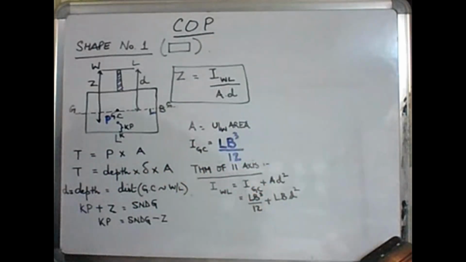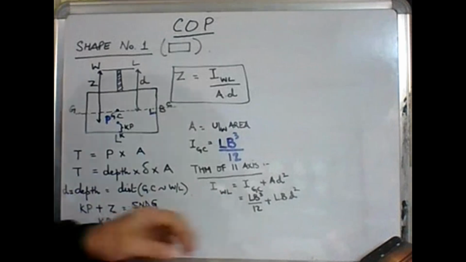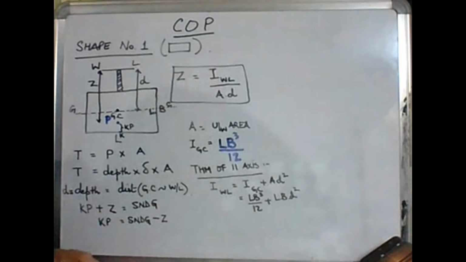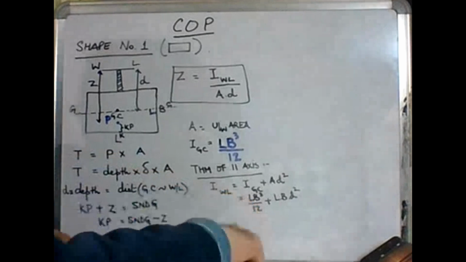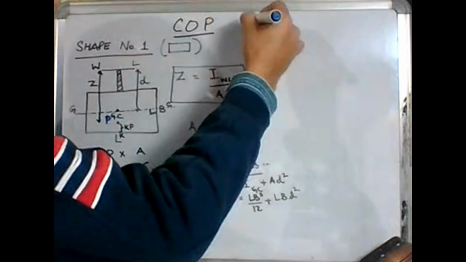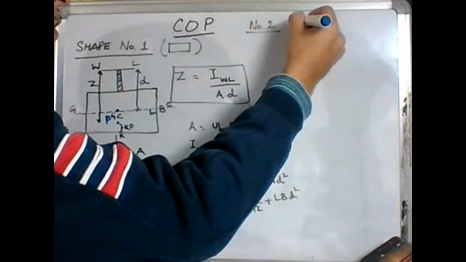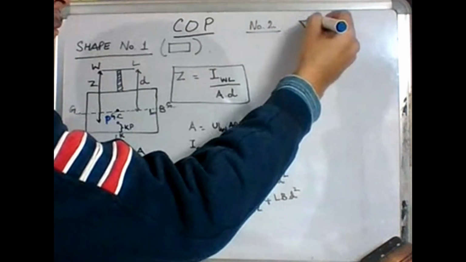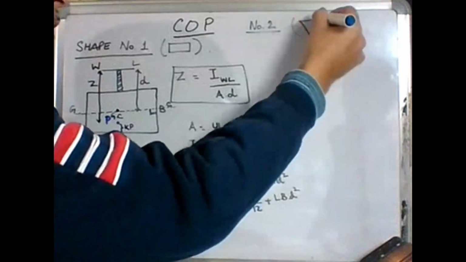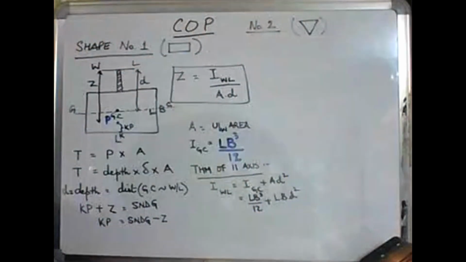Is that coming on to shape number 2? Shape number 2 is a triangle with apex downward.